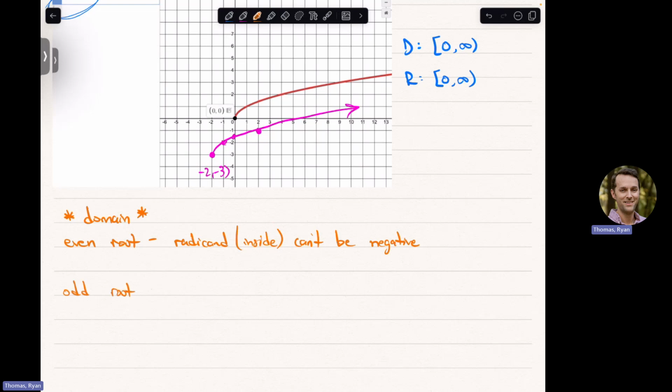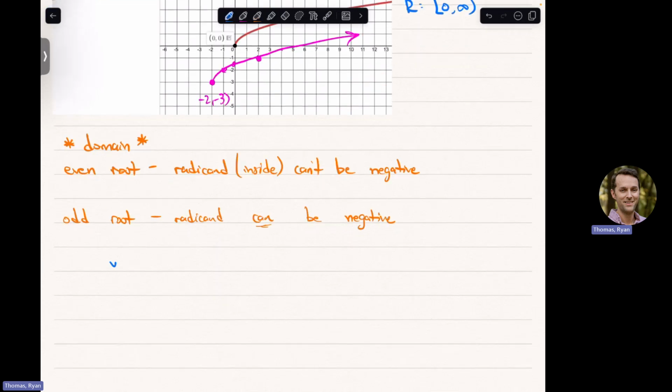Whereas for an odd root, the radicand can be negative. So for the square root function, the domain is 0 to infinity.